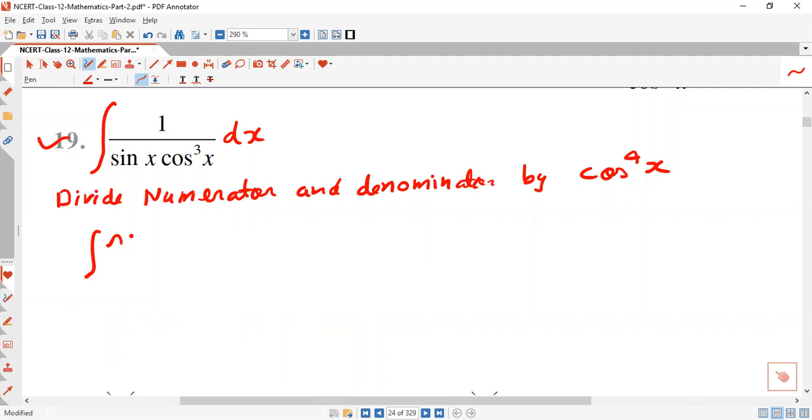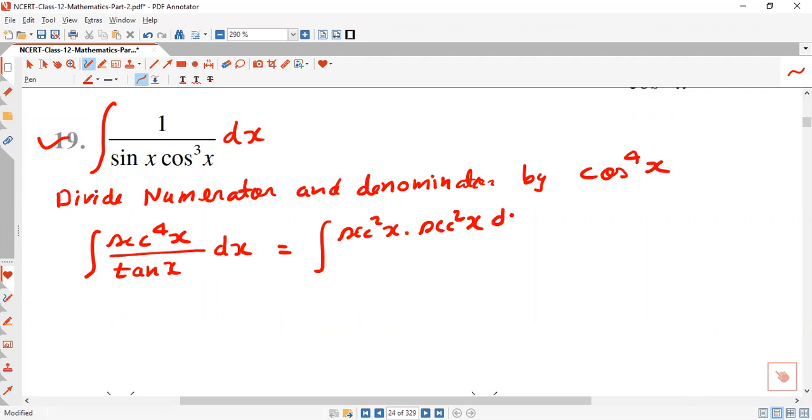This becomes sec raised to 4x divided by tan x dx. So sec 4x can be written as the integration of sec square x into sec square x dx upon tan x.